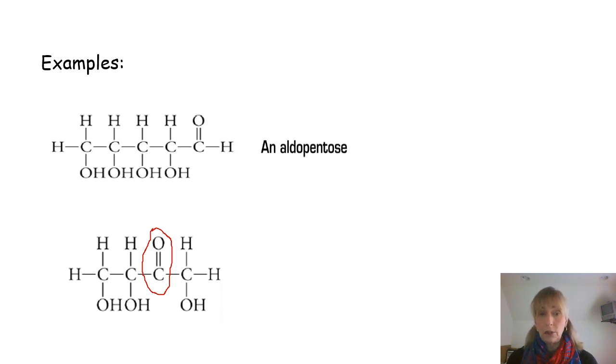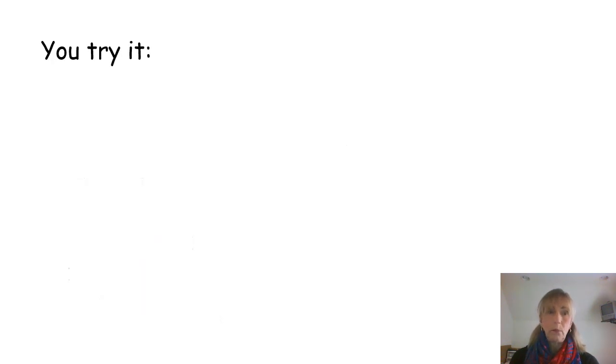And so we can either classify it alone as a ketose, but let's put in the carbons. 1, 2, 3, 4. So that's tet, right? So it's a tetrose. Putting it all together, this is a ketotetrose.